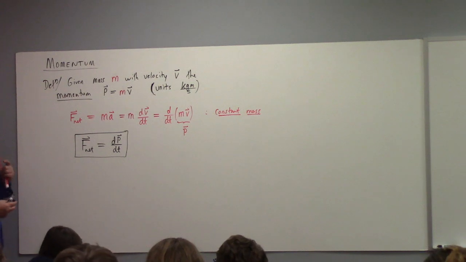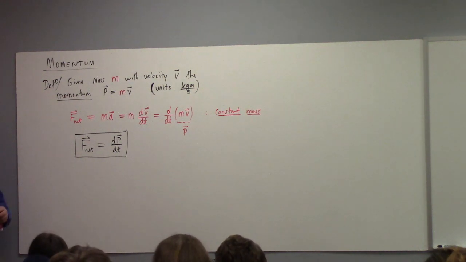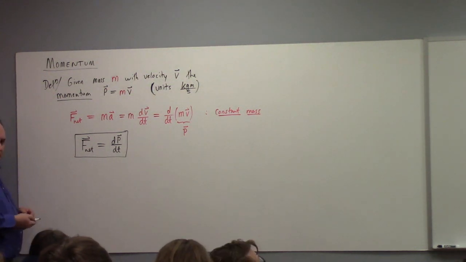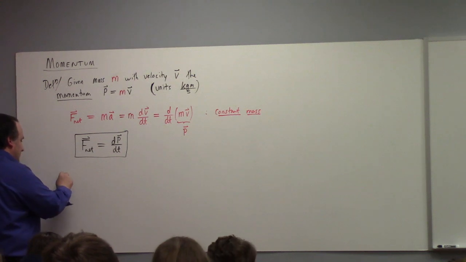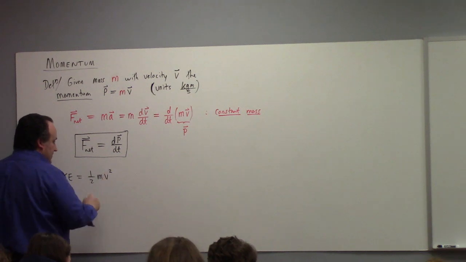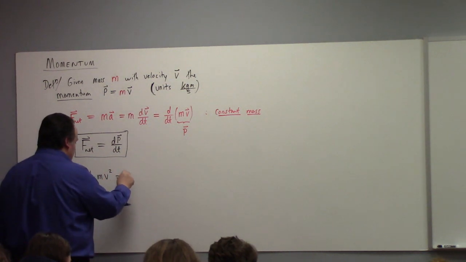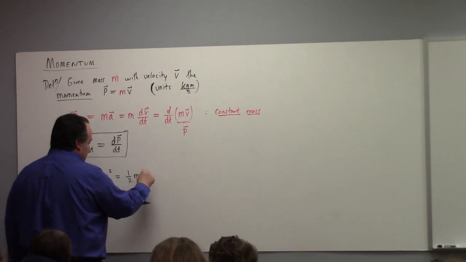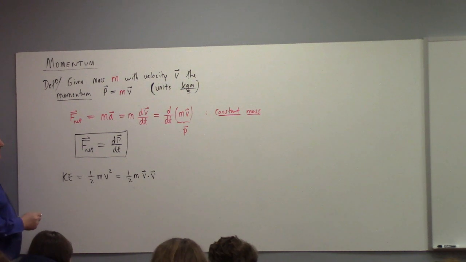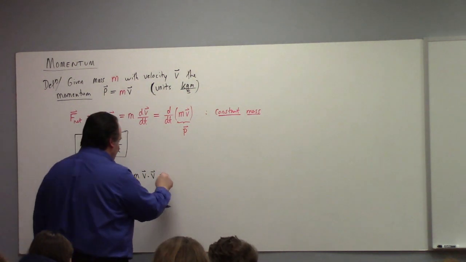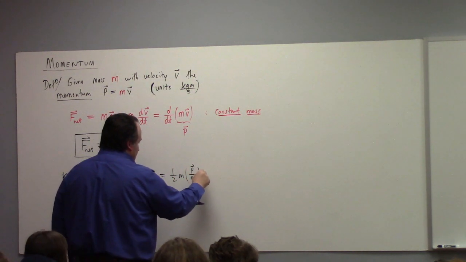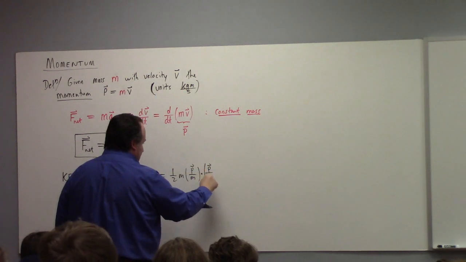If it doesn't vary with time, though, it's just another way to look at things we already know. For example, we could rewrite kinetic energy in terms of momentum. What's the kinetic energy for a single mass? Kinetic energy is 1/2 mv squared, right? But you could also write that as 1/2 m v dot v. V squared is the dot product of velocity with itself. So v is p over m. So I have 1/2 m times momentum divided by mass, dotted with momentum divided by mass.